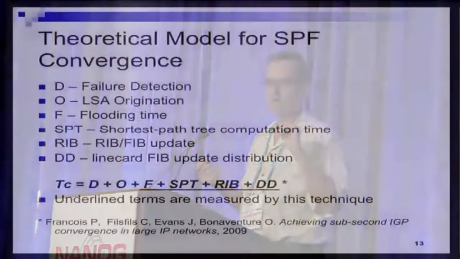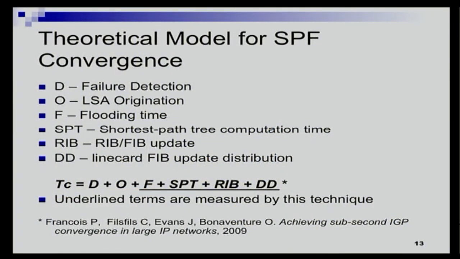That's failure detection, LSA origination, flooding time, shortest path, the RIB and FIB update, and the line card update. Now, in this technique, the first two parameters aren't actually measured because you're creating a synthetic network event. There's no real failure, so there is no failure detection. So you're not measuring that.